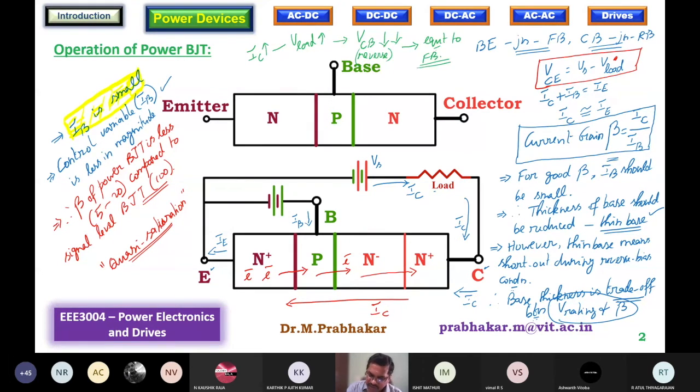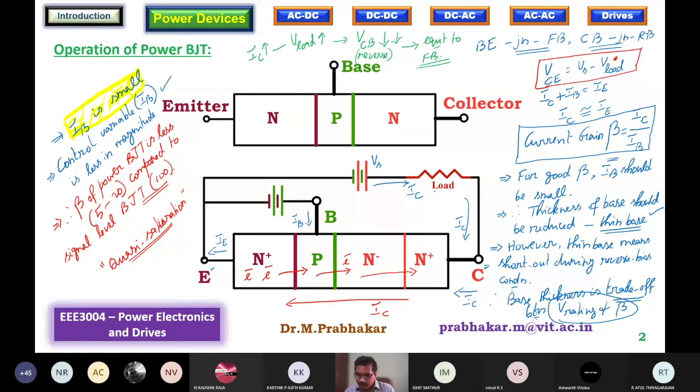So when collector base junction is forward biased, and base emitter is already forward biased, then when both the junctions are forward biased, the BJT is going to be fully on. That is quasi-saturation. Okay. Beyond that, it gets into the secondary breakdown region or the hot saturation region. We call it hot saturation. Secondary breakdown is going to be detrimental. So these are the features with regards to the operating principle of a power BJT.